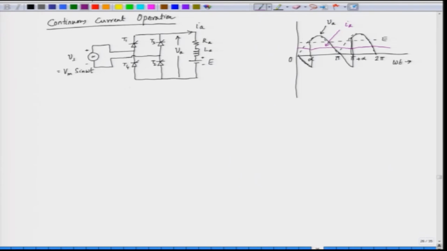Now, we have a single phase full controlled converter. This is the converter here, and the load in this case is the armature of a separately excited DC motor.